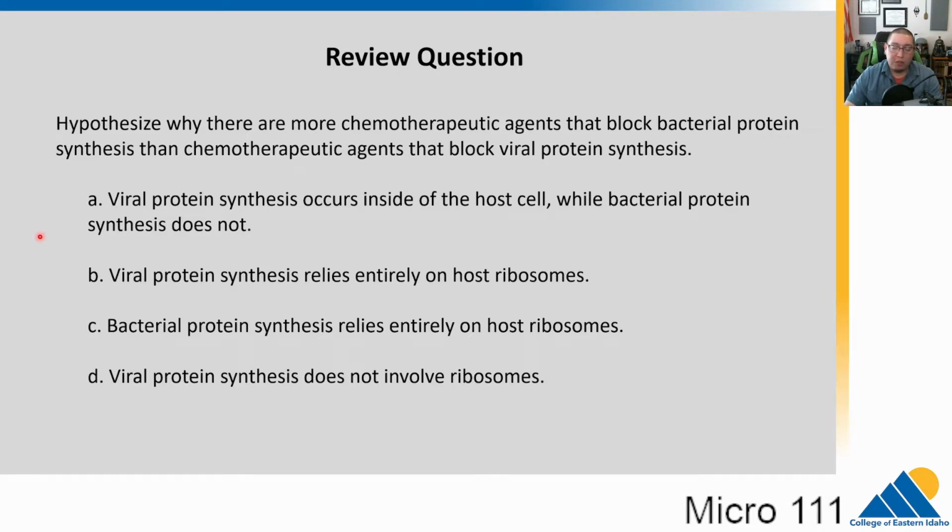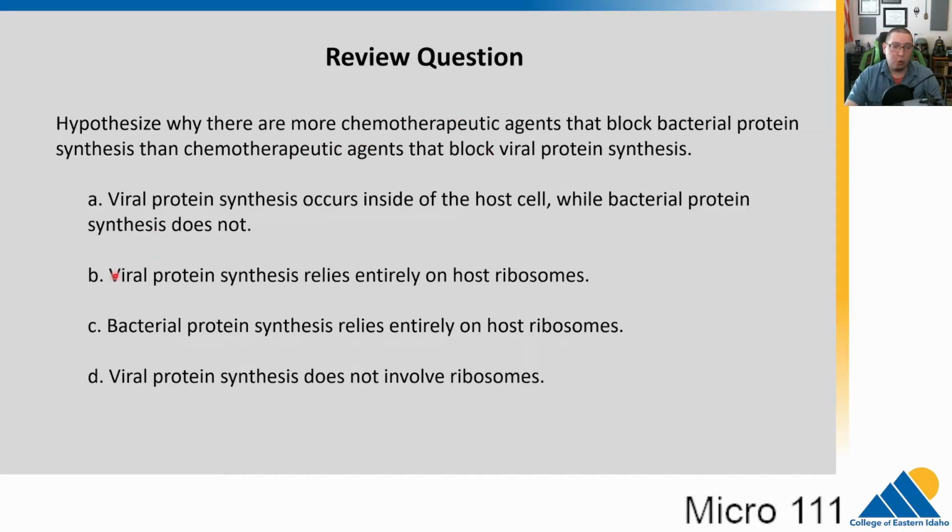All right, go ahead and pause the video. Think about this one. Remember that hint? Viruses are non-living, right? They can't do their own protein synthesis. They need to hijack the machinery of the host to make proteins.